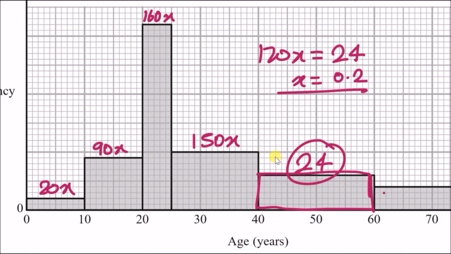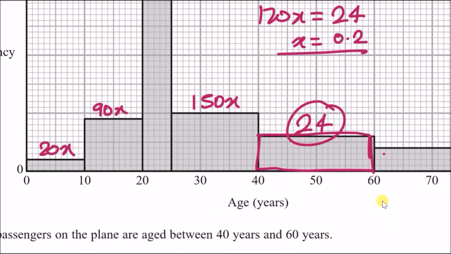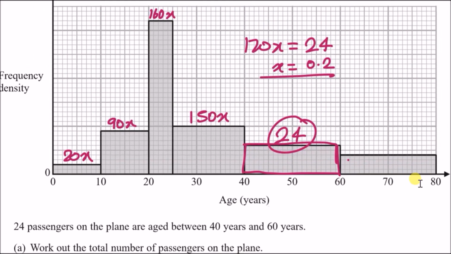Last one, move to the right a bit, zoom out actually. So you got a width here of 20, and it goes up by 4, so 4 times 20 is 80x. That's it, guys. Now all you want to do is add up all of these x's. And when you add them all, just to be clear what I got, you should get 500x, plus the 24.